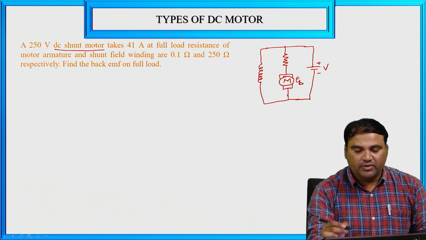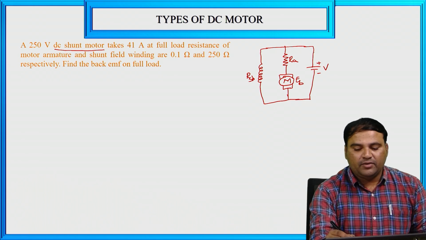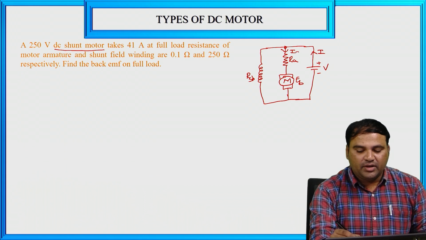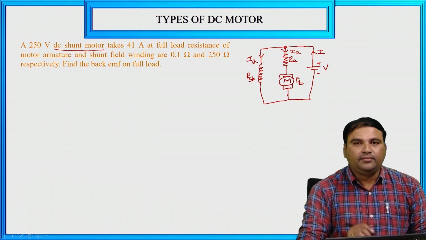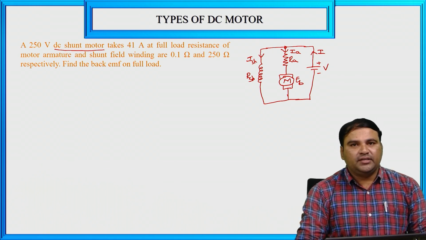We have to find out the EB value, and this is the armature resistance RA, and this is the shunt field resistance RSH. Now give the current directions. The total current is I. From this point the current is dividing. The current through RA is IA, and the current through RSH is ISH. So here is the circuit, it belongs to the shunt wound DC motor, right?